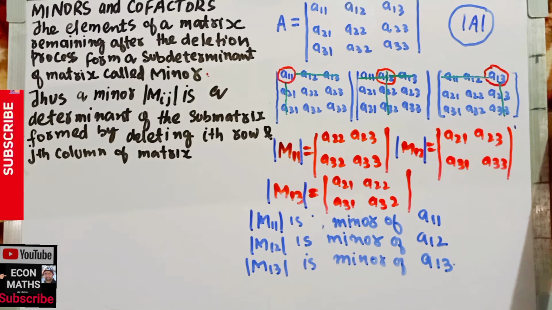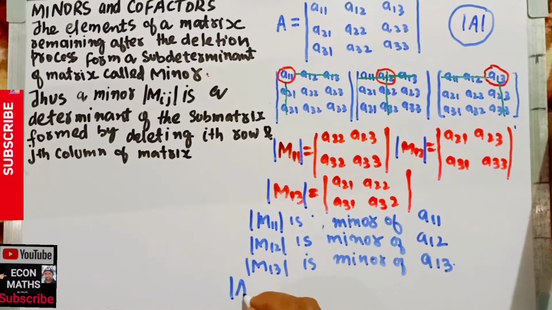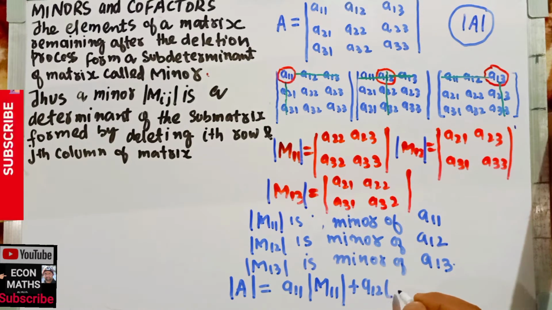Now the determinant can be written like this, this is the symbol for determinant: A11 multiplied by the first minor, that is M11, plus A12 multiplied by -1, as we have seen in the earlier videos, times the determinant of the second minor, that is M12. Similarly, plus A13 multiplied by the third minor, that is M13.